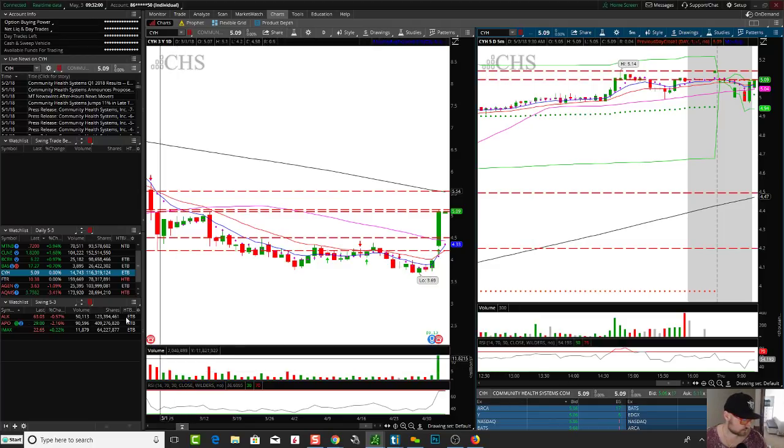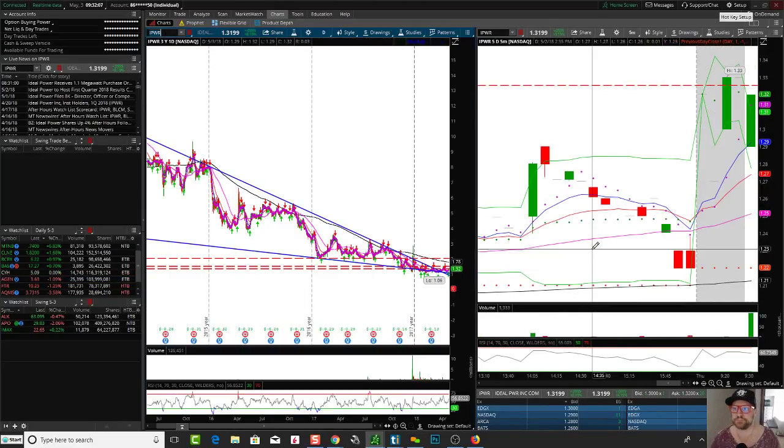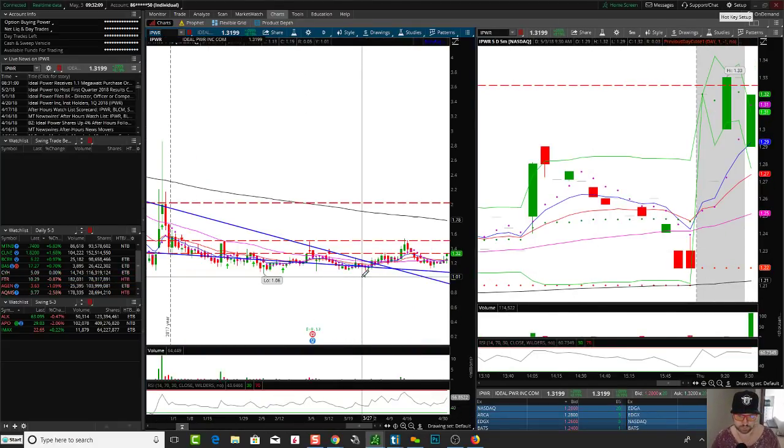So let's take a look at IPWR. That's popping up on Trade Ideas. Zoom in over here. So you can see some resistance on IPWR right around that 1.50s range. No coincidence, right? Another pump and dump.